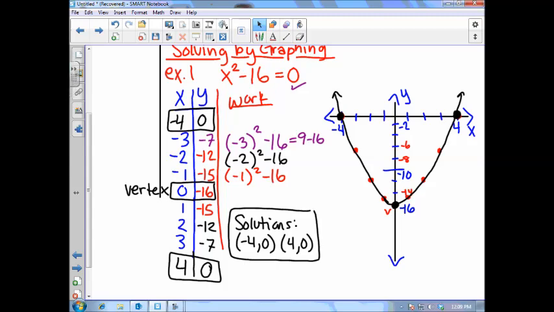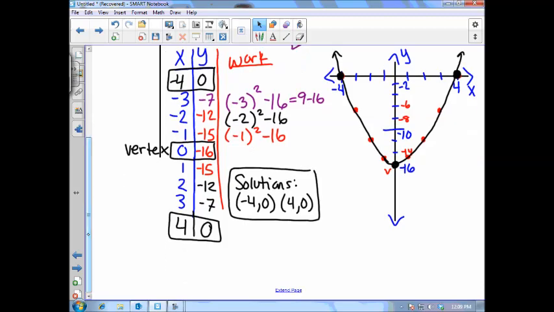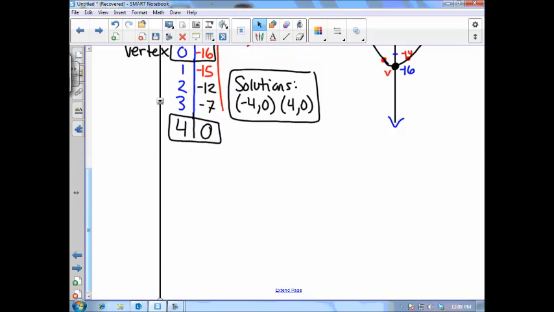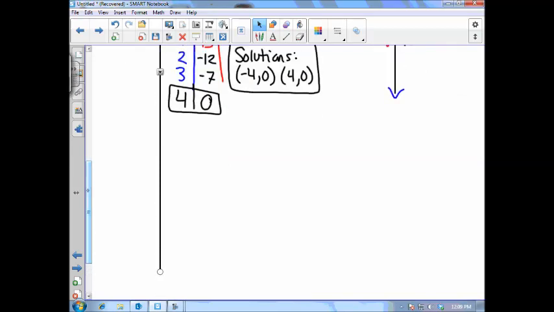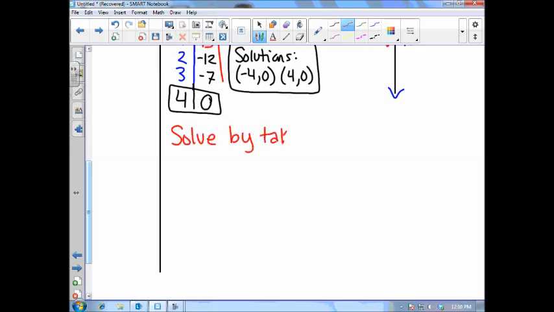Okay. The next way is to solve by taking a square root. We're just going to do 2 solving by square root, and that's the end of our notes. We're going to solve by taking square root.